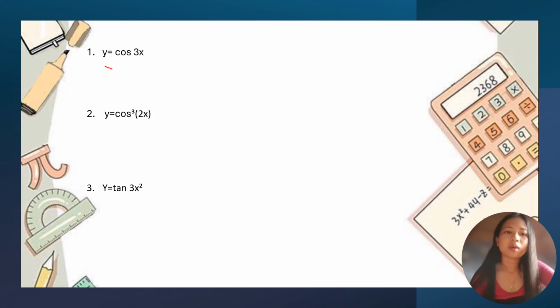We will write y prime is equal to the derivative of cosine, which is negative sine 3x.